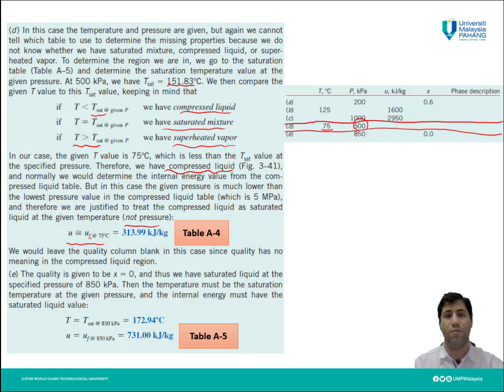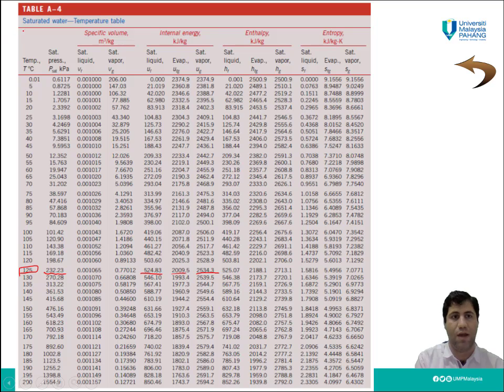So instead of the table which we had for compressed liquid, we can refer to table A4 again for this temperature. And please notice, if you do this approximation, you need to refer to the table which is prepared according to temperature, like what we have here, the properties of water when its phase is saturated water.